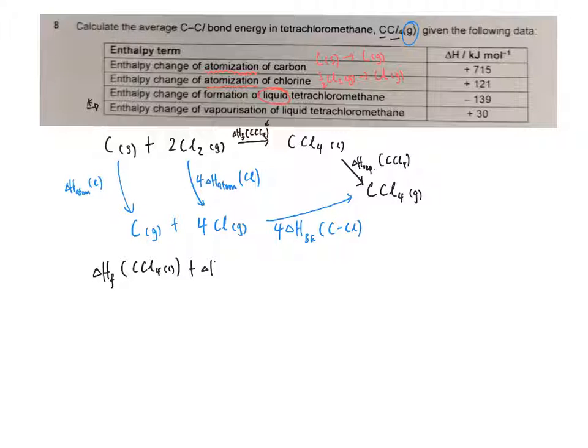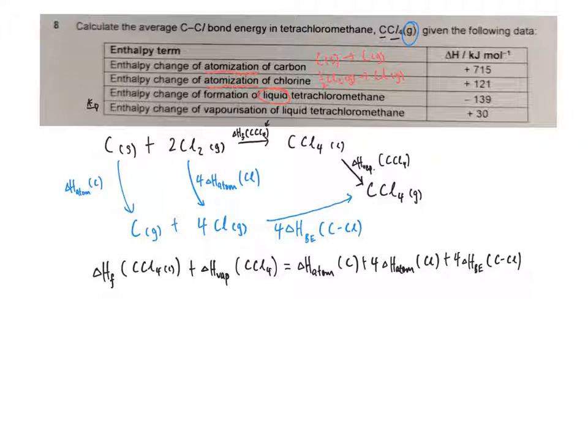Plus the delta H of vaporization of CCl4 is equal to the delta H atomization of carbon plus 4 times the delta H of atomization of chlorine plus 4 times the delta H, the bond energies of CCl.